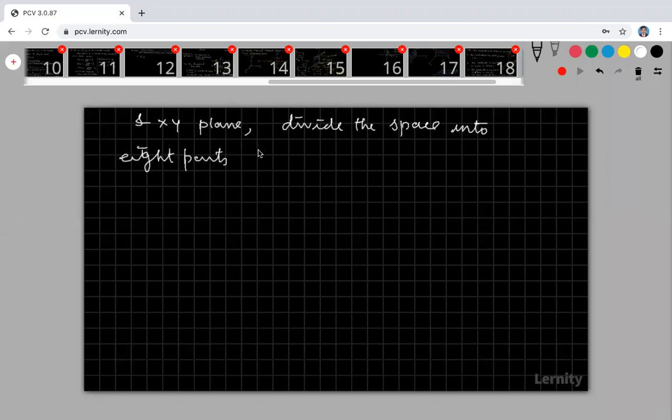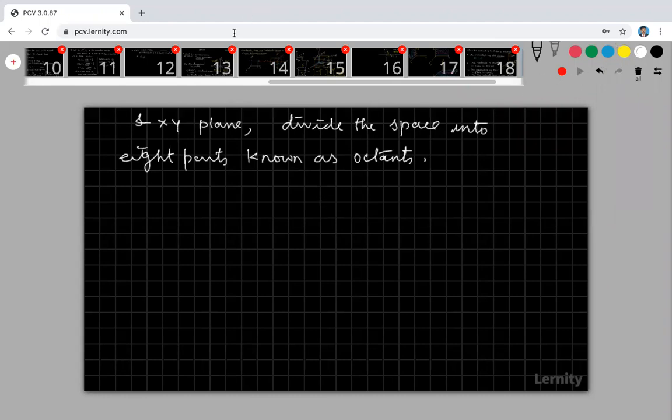Okay, these 8 parts are known as octants. Okay, right.